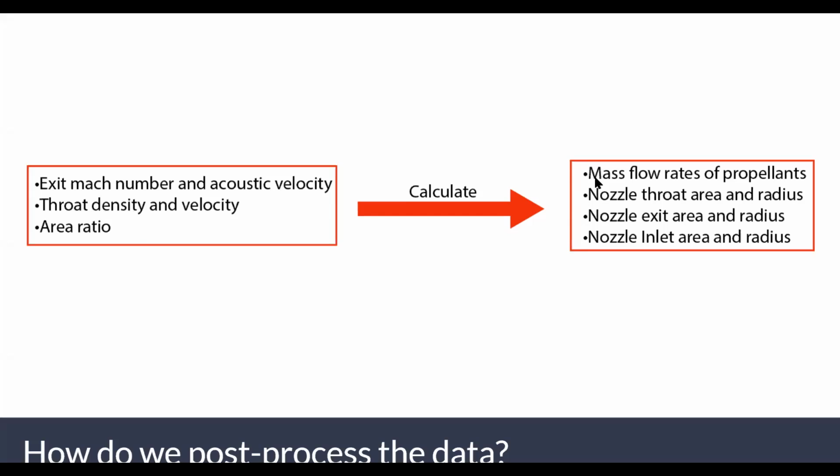And with that information, we can calculate a bunch of other stuff, like the mass flow rates of the propellants that we need, the nozzle throat area and radius, and then the nozzle exit and nozzle inlet area and radius as well. And then some other properties that we find from Google that will be able to help us find the length of the combustion chamber to get final dimensions on everything about the nozzle and combustion chamber for your rocket engines.